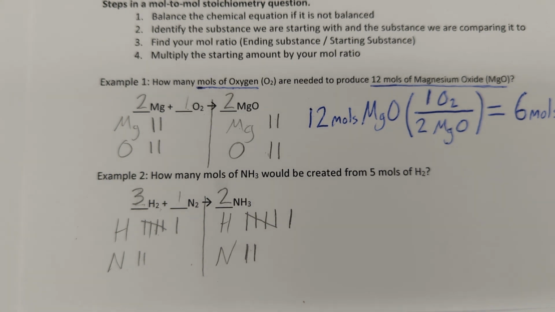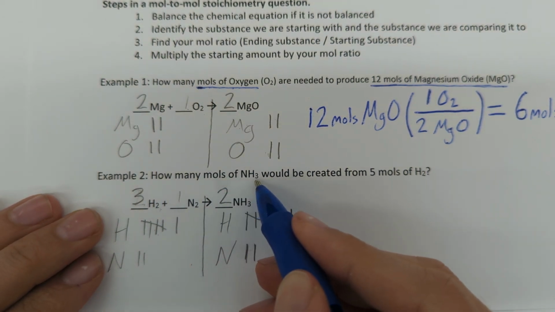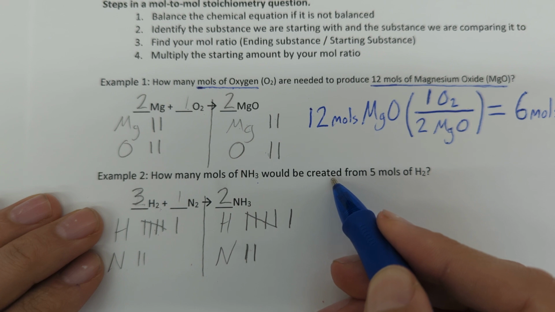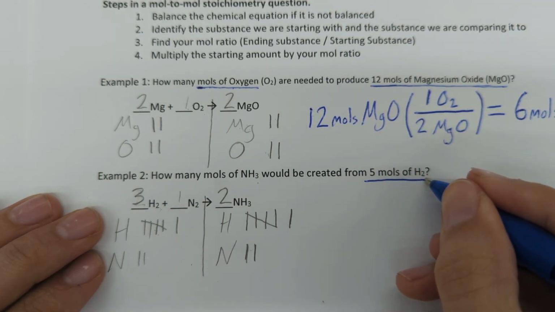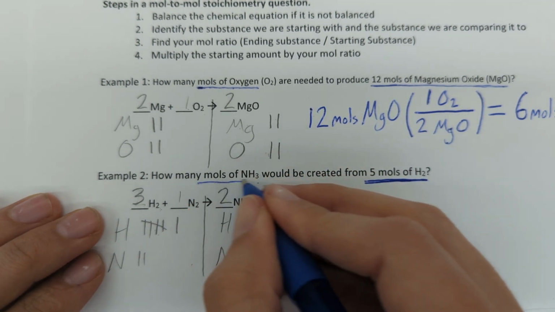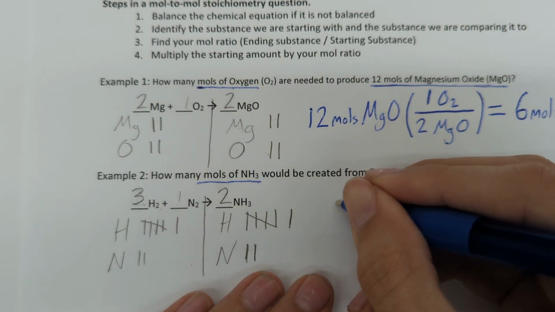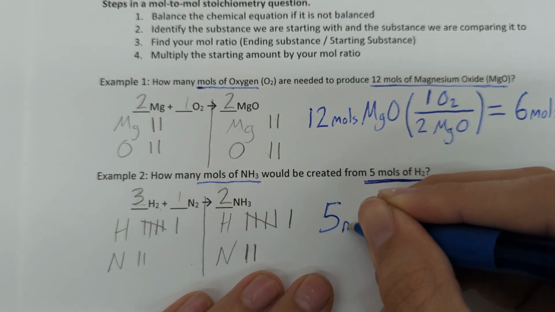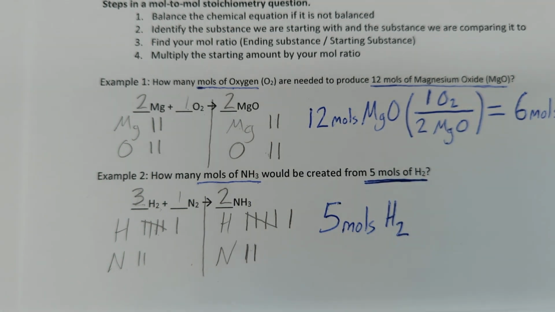So now let's read the question and figure out where we're starting and what we're trying to find. How many moles of NH3 would be created from 5 moles of H2? So we're starting with this amount right here, and we're trying to figure out how many moles of NH3 we're producing. So let's start by writing this out. 5 moles of H2.